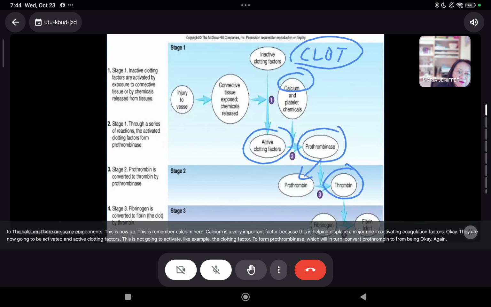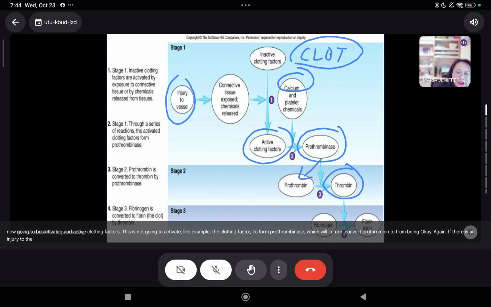Again, if there is an injury to the vessel, it is going to expose the connective tissue, releasing chemicals like calcium, which plays a major role in activating coagulation factors.